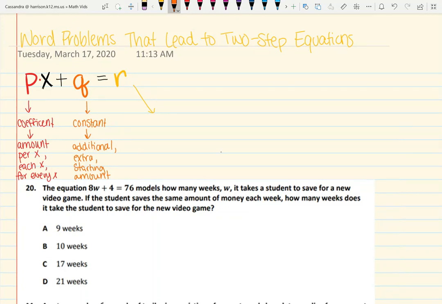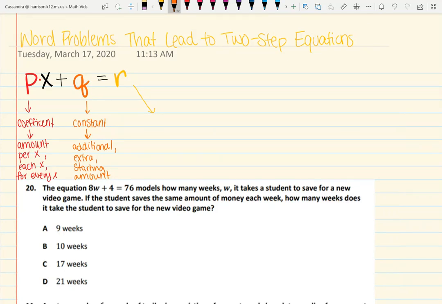But you might have started out with an extra amount already in your savings account. That amount would be Q. That's your starting amount. In eighth grade, we call it the initial value. It might be something like you have a bunch of apples, and P is the weight per apple. And then you have one extra orange. So just one little additional amount. It has nothing to do with the apples. It's just an additional amount.